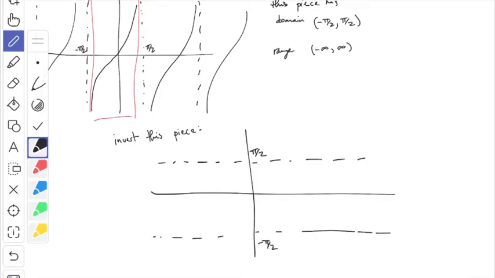And we get this curve. It looks like this. It's a little lumpy on the left side. It's not supposed to be lumpy like that. This is inverse tangent of x, or arctangent.